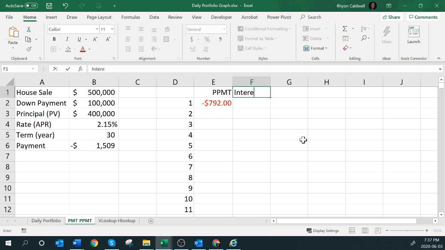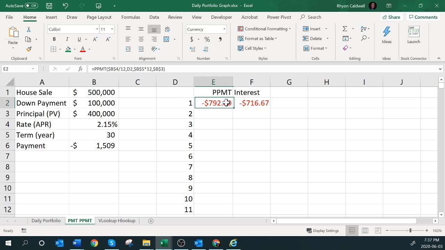This would be the interest the bank would receive, which would be positive: minus another minus would be a positive this amount. So when I make my payment here of $1,509, $792 goes towards the principal, the money that pays down my mortgage, but $716.67 goes towards the bank interest. That's what they're making.